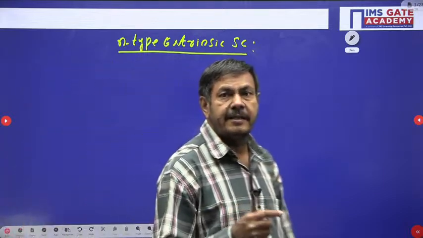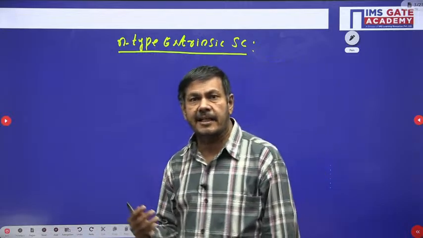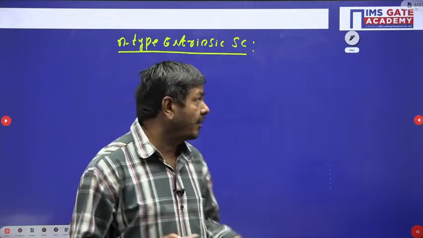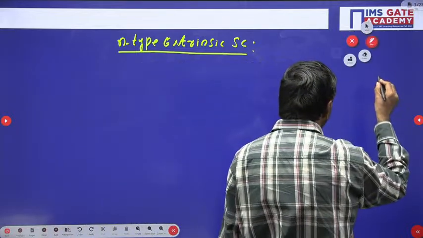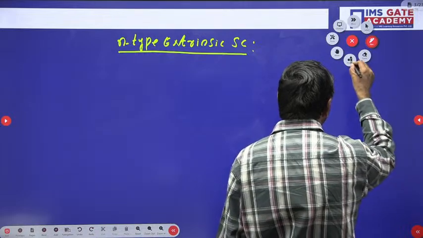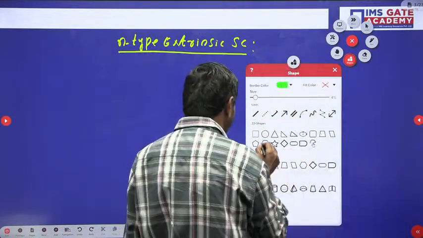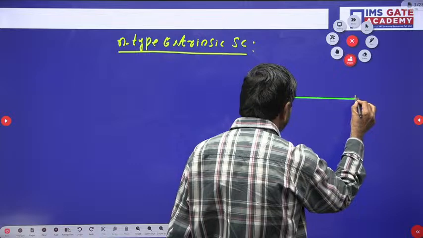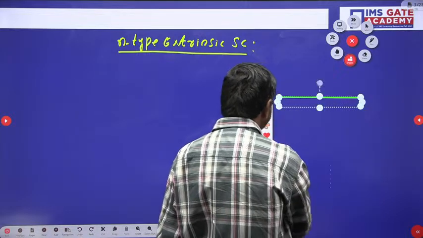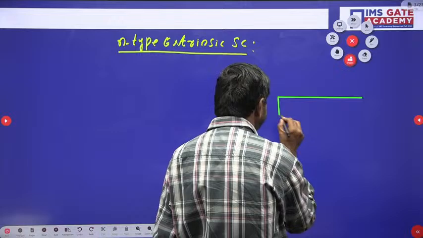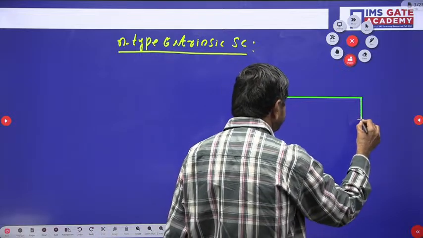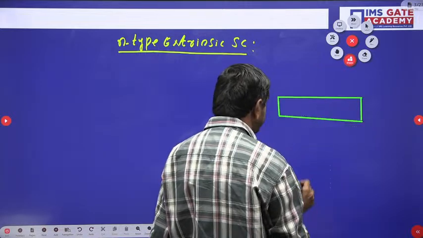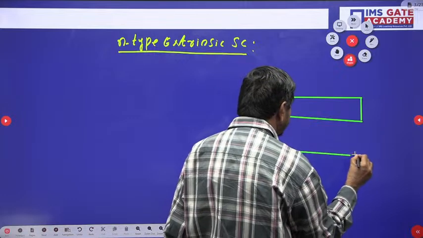Because of the addition of the pentavalent atom, a new energy level is going to form in the energy band diagram, which I want to draw here now. The energy band diagram is plotted like this. You know very well, this is the conduction band, and this is the valence band.